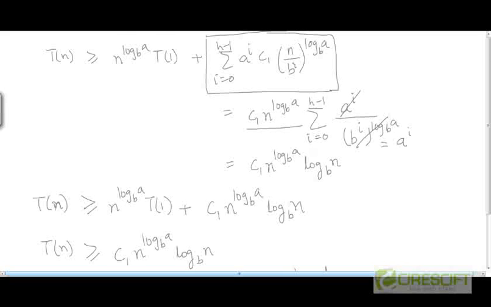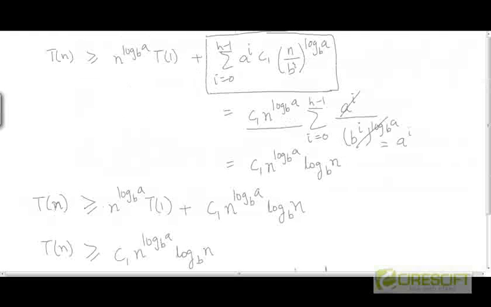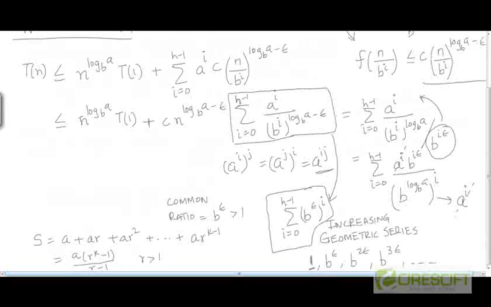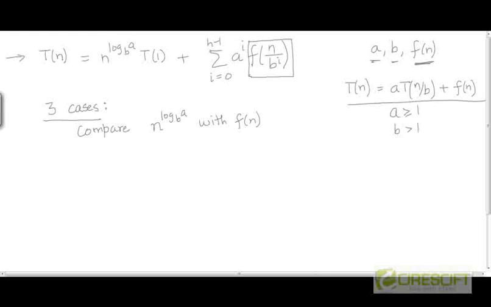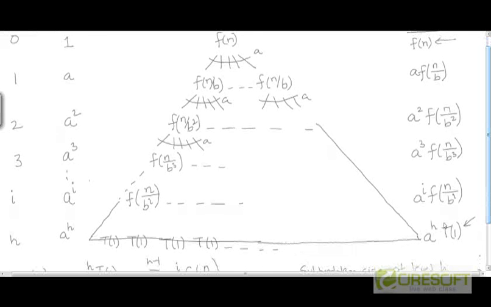So really what's happening is that each of the level sums in the recursion tree here will be the same, except maybe for the last term, which may have a different constant factor.